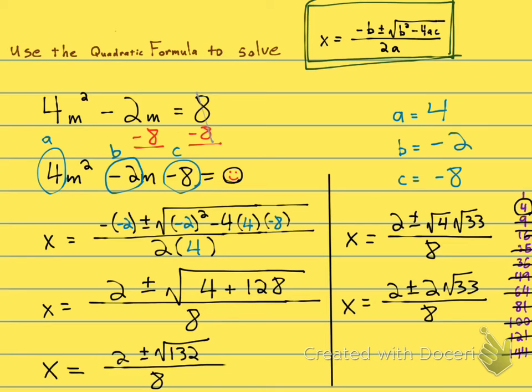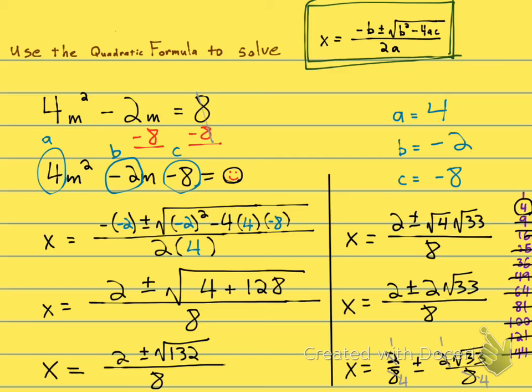So it's going to look like this. X equals 2 over 8 plus or minus 2 square root of 33 over 8. And now it's a little easier to reduce here. 2 over 8 becomes 1 over 4. And same thing here. 2 over 8 becomes 1 over 4.